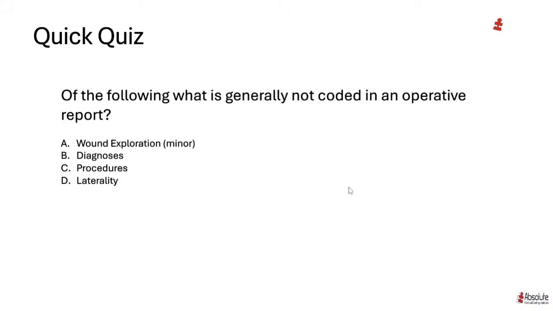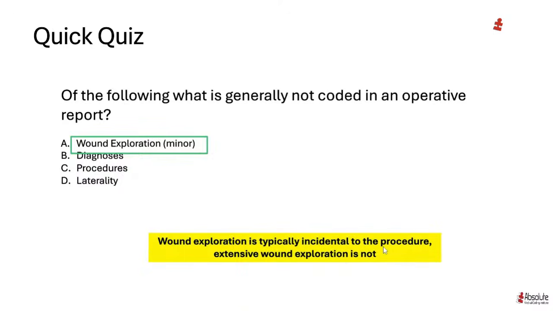But what is not coded is generally wound exploration. And wound exploration is typically incidental to the procedure. So that's basically what the doctor is looking at, right? I'm exploring around to see if anything's going on. If it's minor.